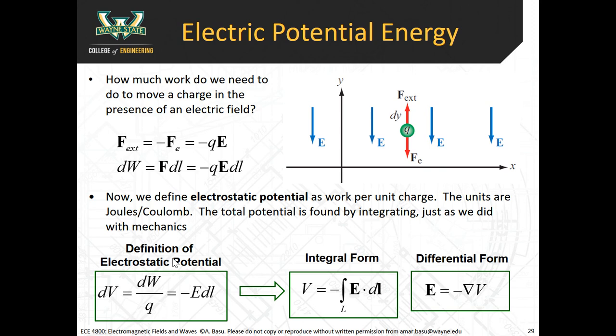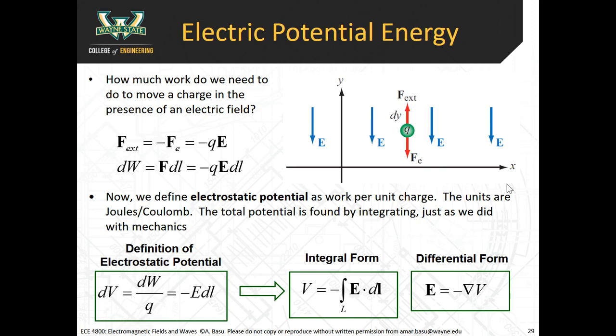So with electric potential energy, there's an analogous concept. How much work do we need to do to move a charge in the presence of an electric field? So let's say you have an electric field that looks like this, these blue lines here, and the force on this charge is going to be in the same direction as the electric field. Remember, if you put a positive charge in an electric field, the force on that charge is going to be in the same direction as the electric field.